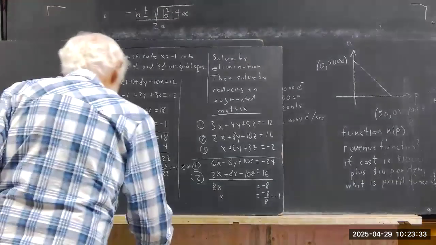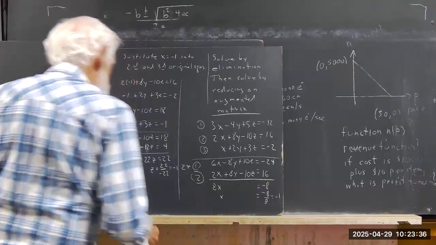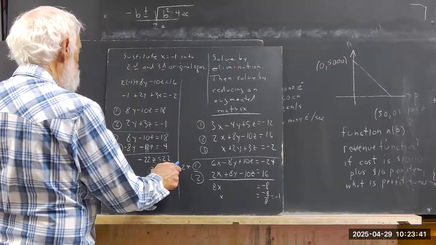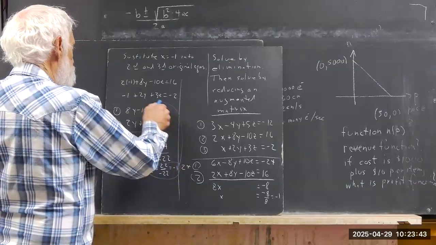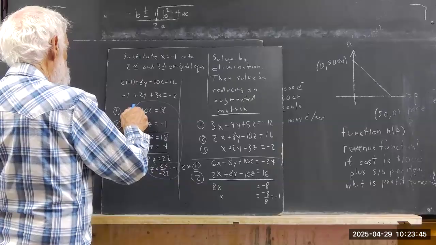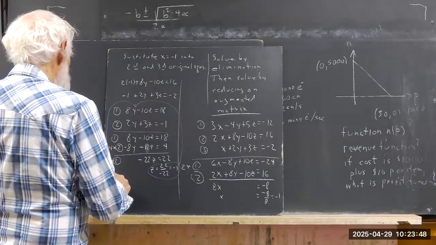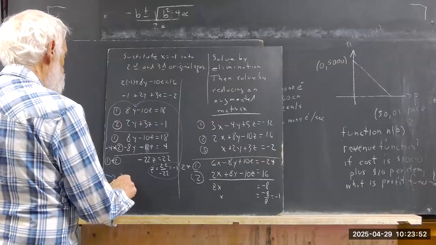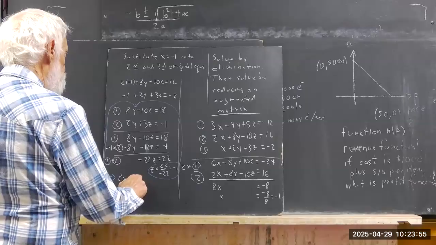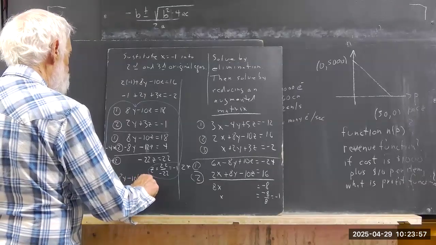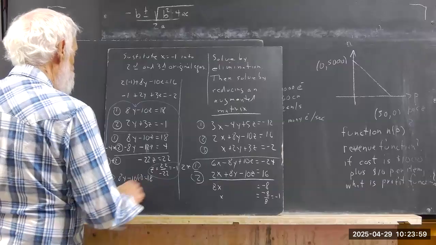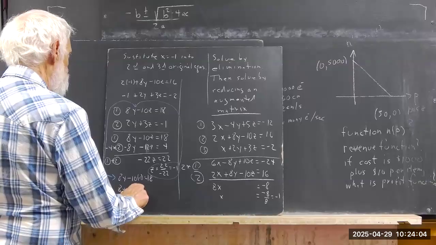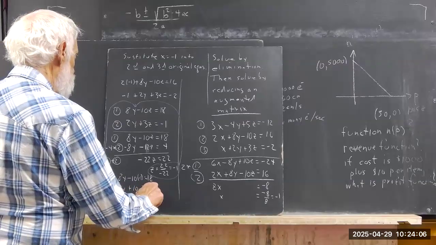And now, since I'm running short on space, I'll use an arrow. We plug in z equals -1 into one of these two equations. And we get 8y minus 10 times -1, which is plus 10, so 8y plus 10 equals 18.